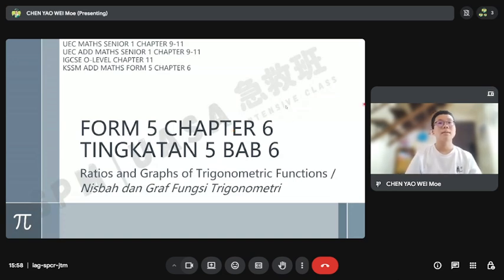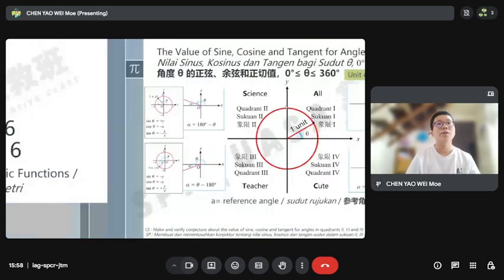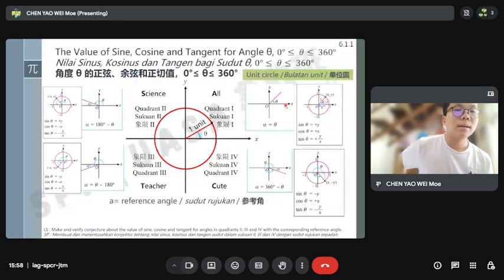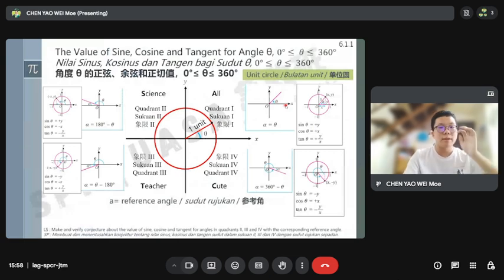Okay, this is a unit circle. Here we have quadrants: quadrant 1, 2, 3, 4. There are 4 quadrants here, and this circle we call a unit circle. Each radius equals 1, that's why it's a unit circle.